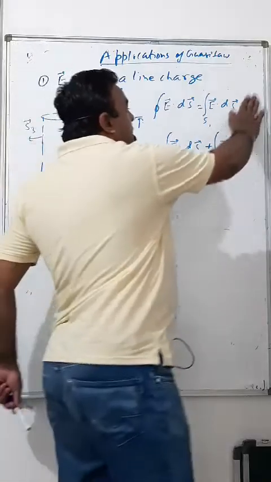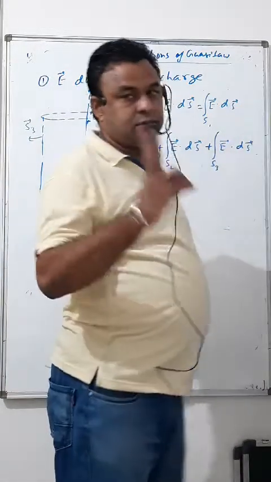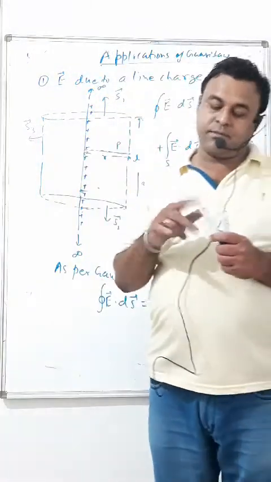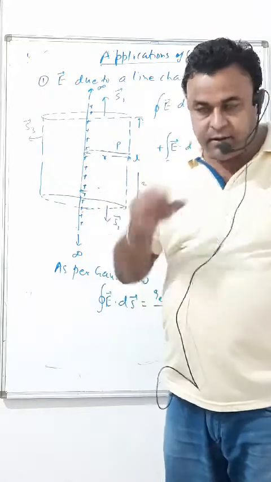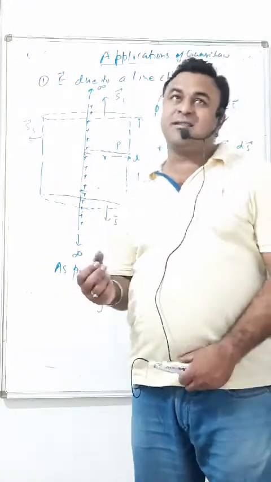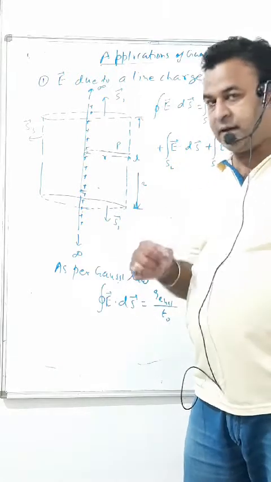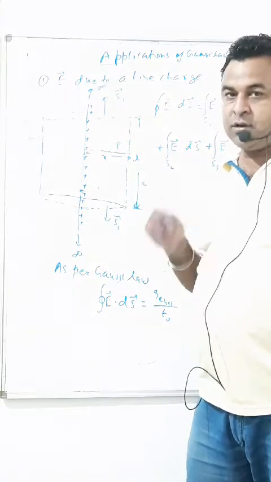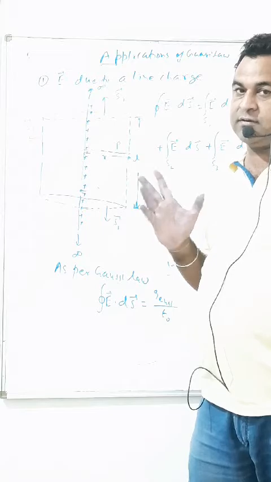Now, to apply Gauss theorem, two things are required. The Gaussian surface should be symmetric about the charge distribution. Secondly, we must have an idea of the direction of the electric field due to that charge distribution for all the surfaces.